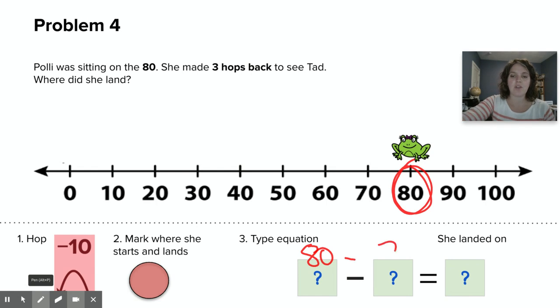We're taking away 30 to find our answer. So go ahead and use the number line on the screen to help you count backward by 30 or 3 hops. Or you can do your subtraction mentally and how you can count back. And some of you are going to take a look at, well, if I can do 8 minus 3, I can do 80 minus 30.